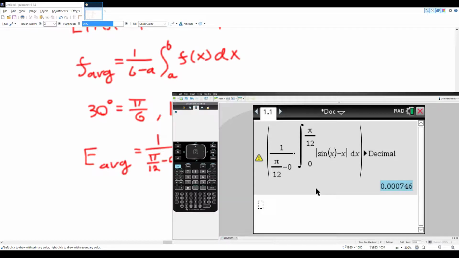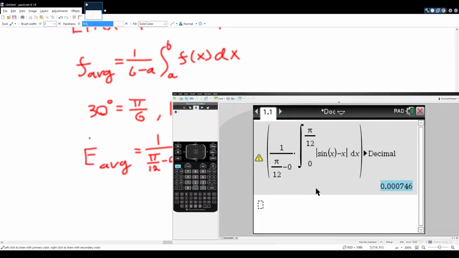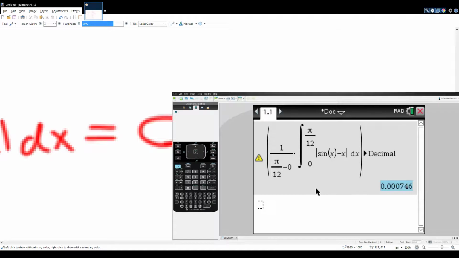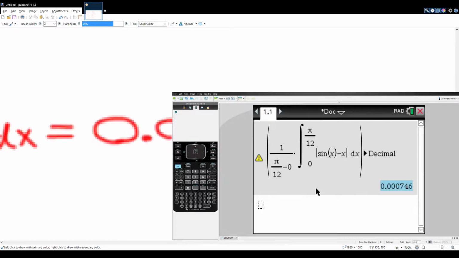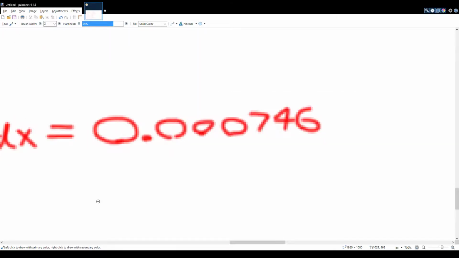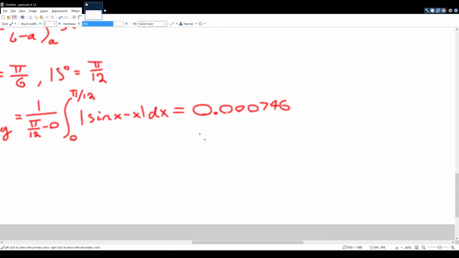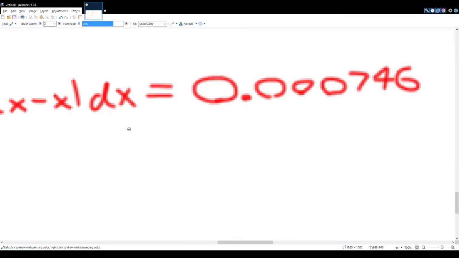So 0.0000746, which is crazy small, and this is the average value of the error.